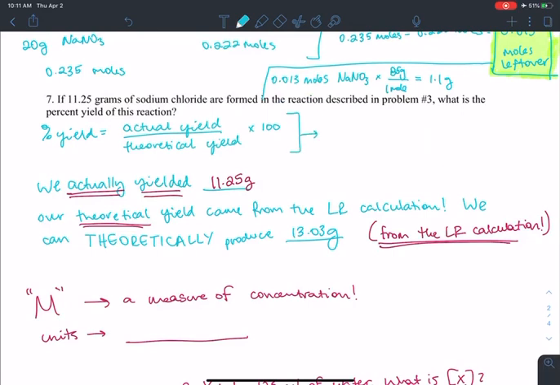So we have 11.25 grams over 13.03 grams times 100, and that is about 86.3% yield. Okay, and that is it.